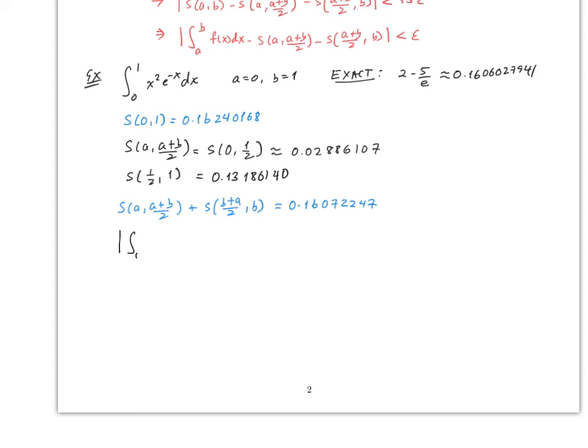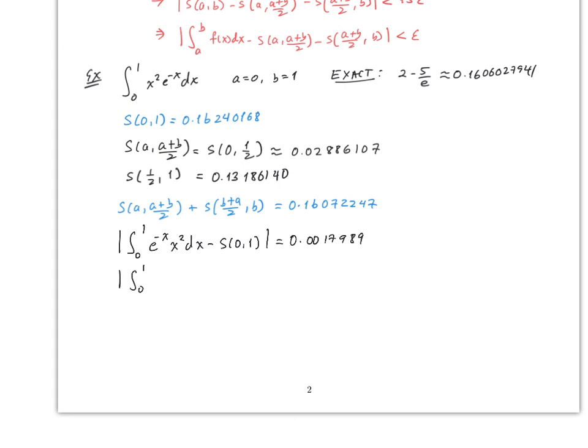So now let's compare if it is 15 times better or not. So now the absolute value of the integral of e to the x times x squared dx minus S of 0, 1. And again, just stop the video and check this yourselves. This is 0.0017989.